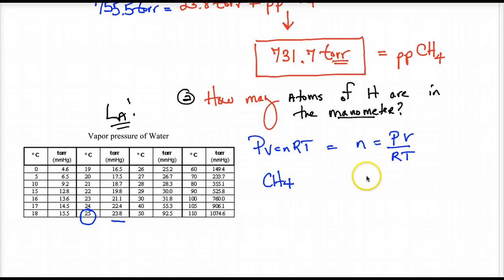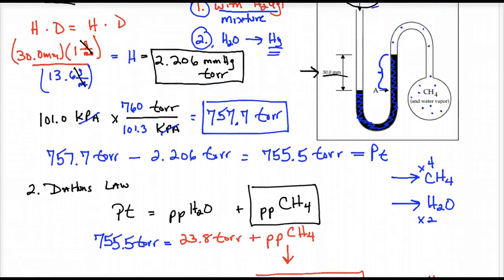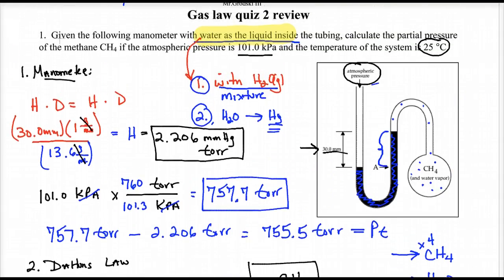All right, so let's slow down a little bit. So my second question, I'm saying how many atoms of hydrogen are there in the manometer? Okay, so my plan of attack here is to look back at my manometer and realize I have a mixture of gases. I've got methane and I've got water vapor. Now, I'm going to need something extra from this.